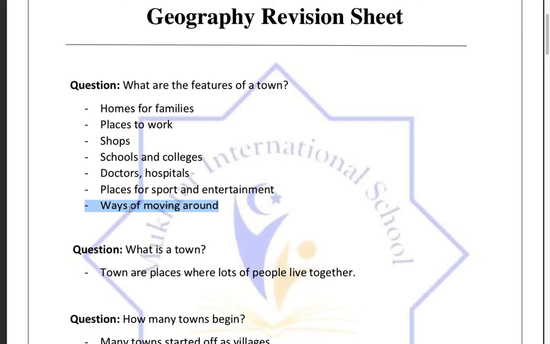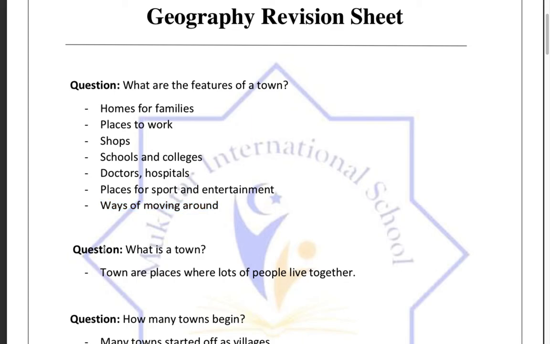For example, if you want to go from your house to the center of the town, you need a bus or train or a taxi or your own car, bicycle. All of these ways are under the feature of ways of moving. So towns should have different ways of moving around.